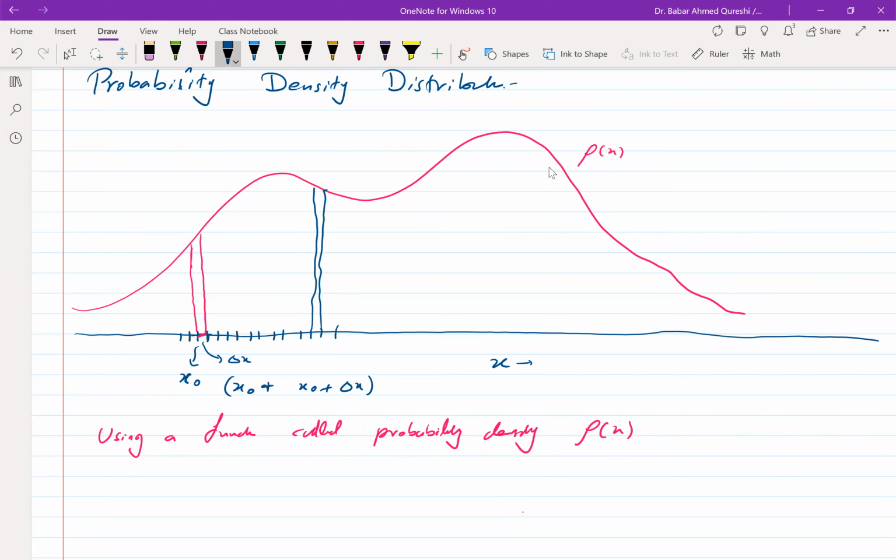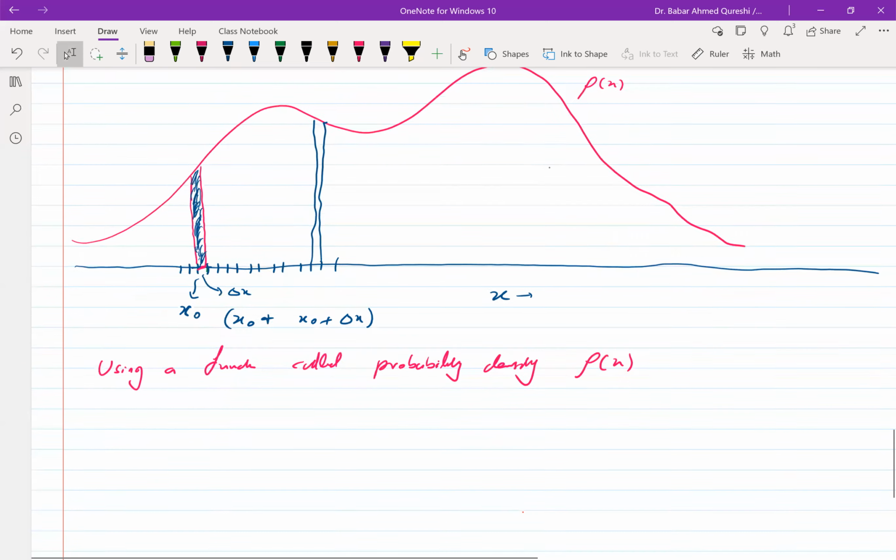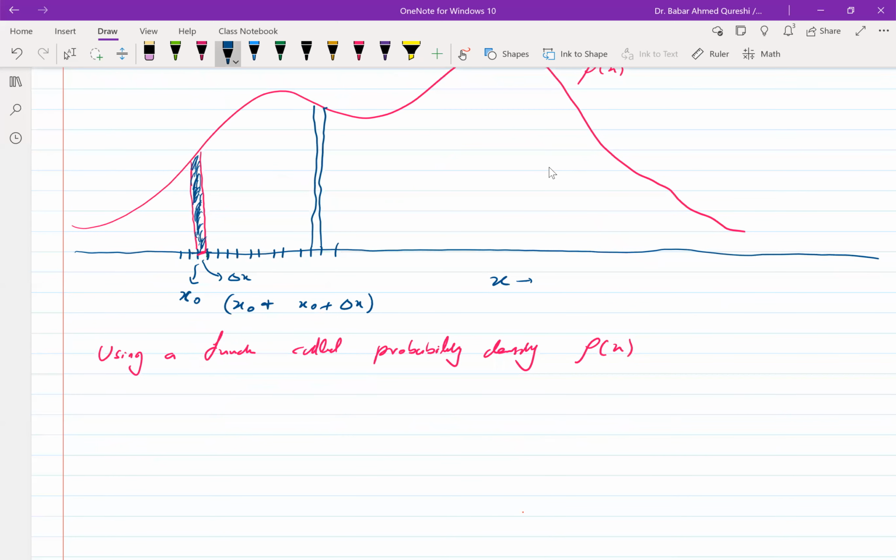Now the value of this function is not telling you the probability of being a value x naught. What it tells you instead is that if I make a strip of small width, then this area is equal to the probability of having my variable between x naught and x naught plus delta x.